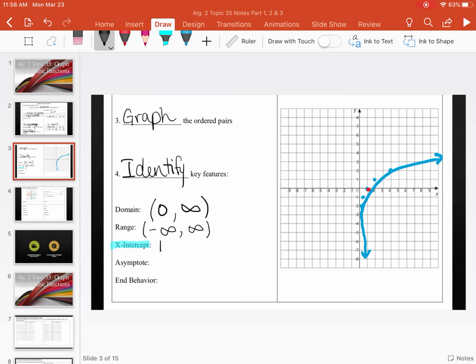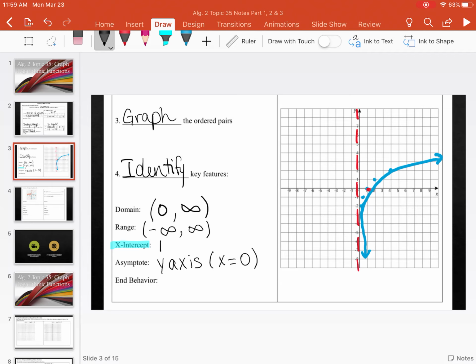The asymptote is why our domain is never going to negative infinity. It's approaching 0, or it's approaching the y-axis. So our asymptote here is the y-axis, and if we were to write that as an equation, we would get x equals 0. Remember, x equals is for vertical lines.